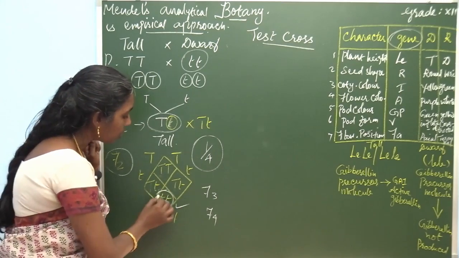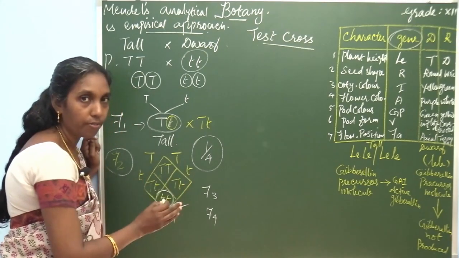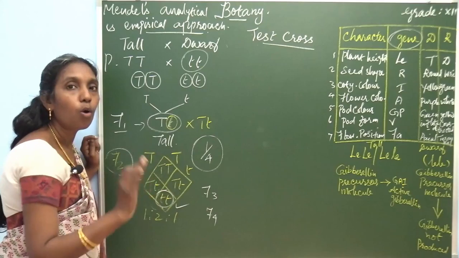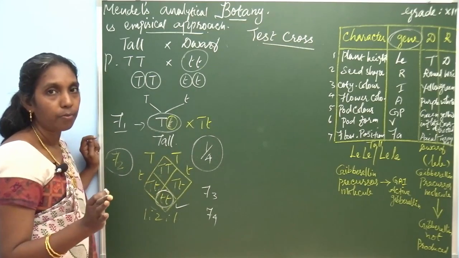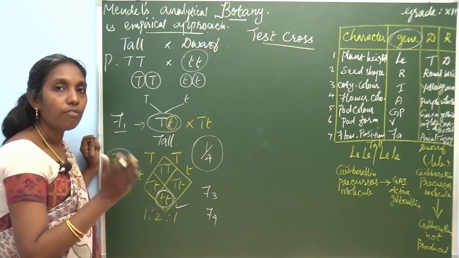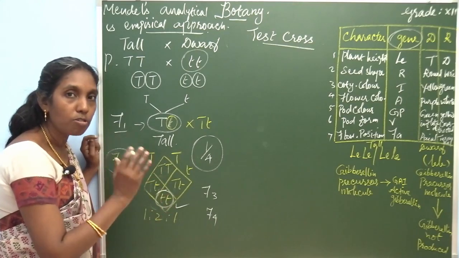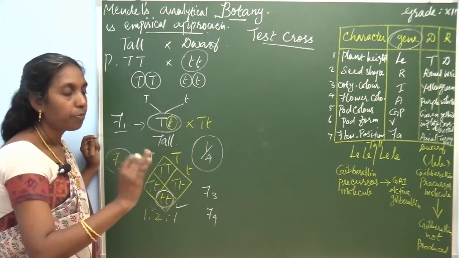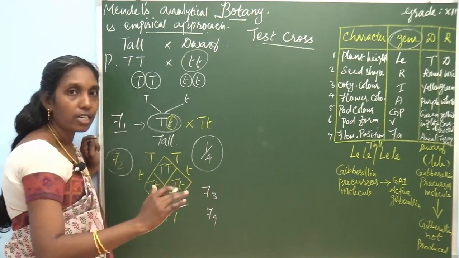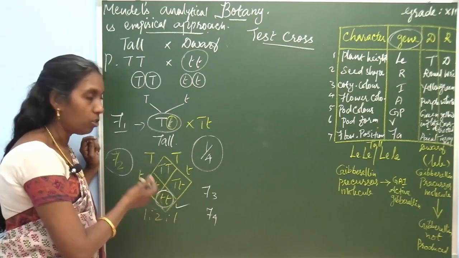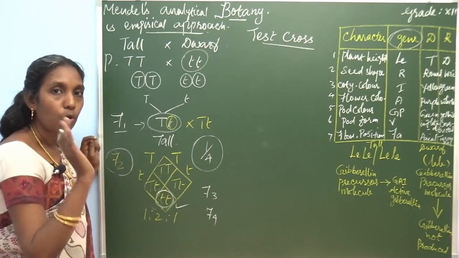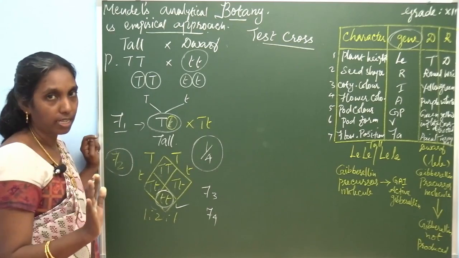When a dwarf is crossed with a dwarf, it produces homozygous dwarf. So Mendel concluded that the F2 dwarf is homozygous, and if crossed, the F3 and F4 generations produce dwarf plants.